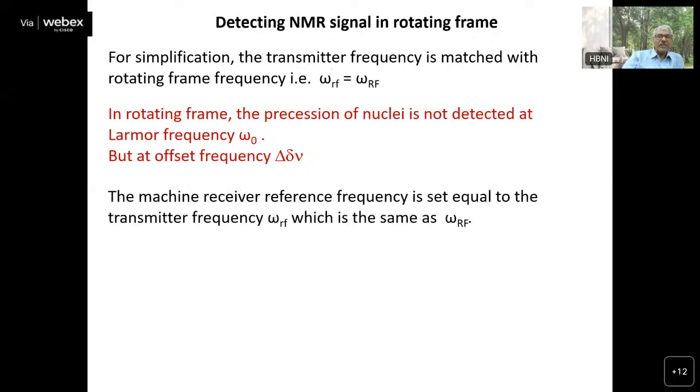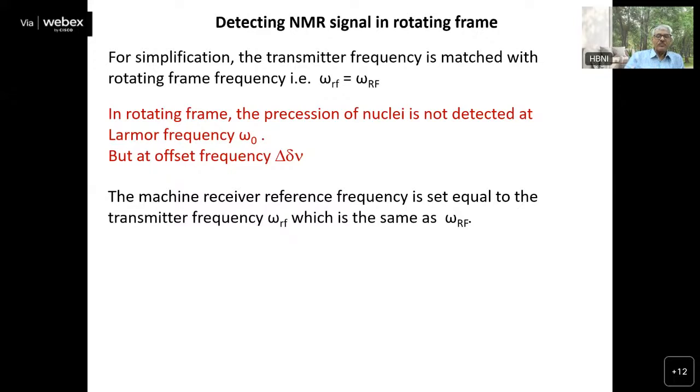But as we are applying it for a very short time, in NMR there will be several nuclei with different precessional frequencies, and those frequencies we call offsets.